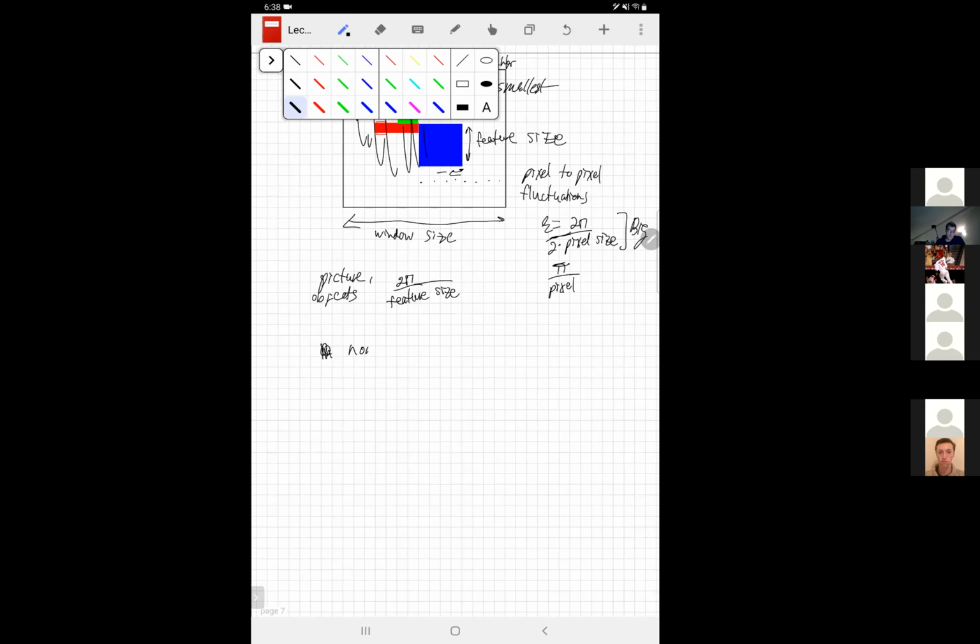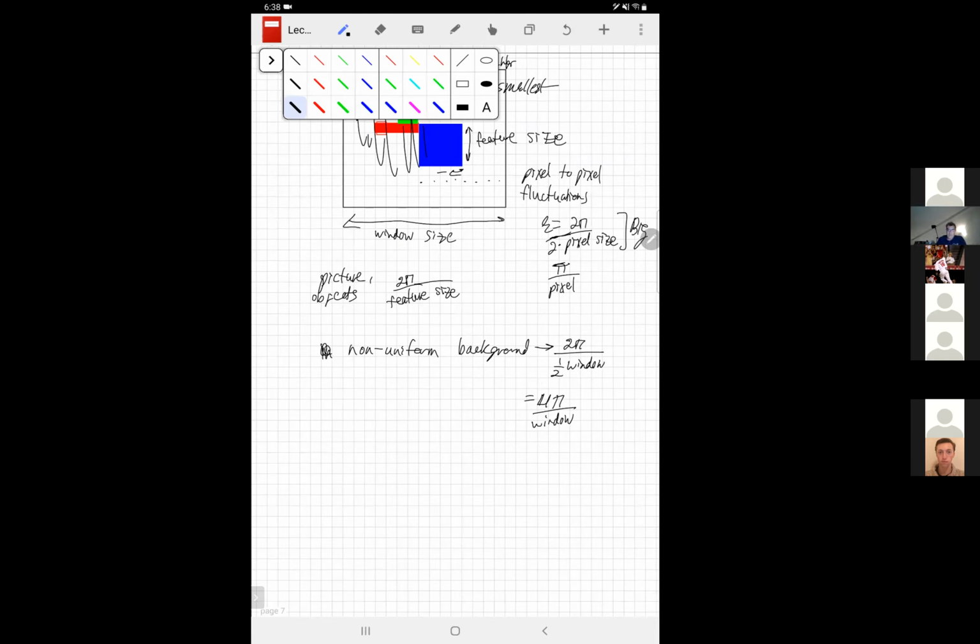So non-uniform background, that would be 2 pi over 1/2 the window size, or 4 pi over the window. Well, the window size is the largest size possible in this image.